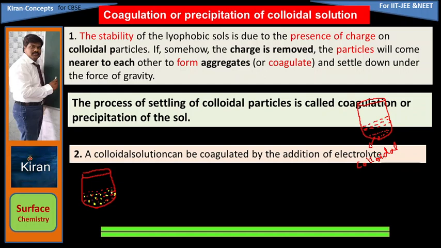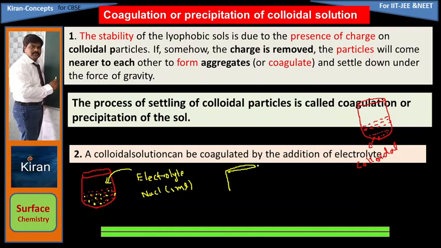So this is stable. When you add an electrolyte, what are you adding? Electrolyte means NaCl, an ionic compound. When you add a little NaCl solution, one drop, what will happen?